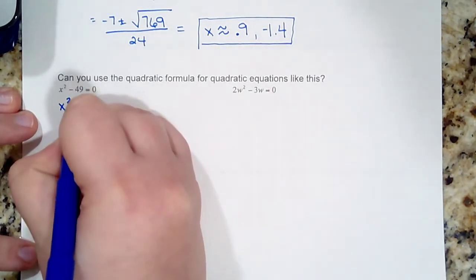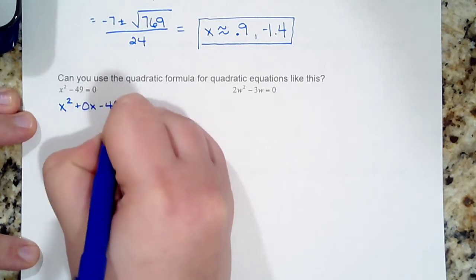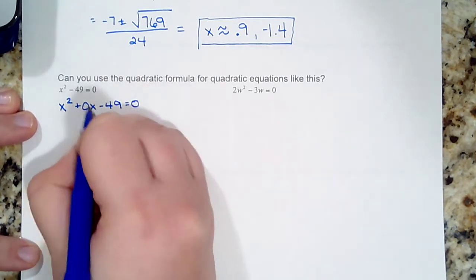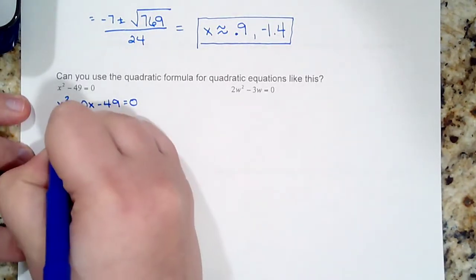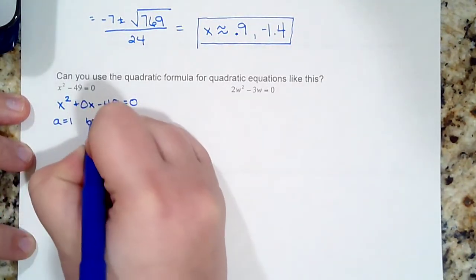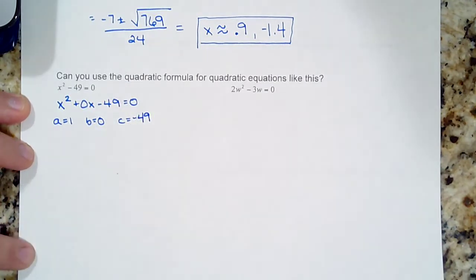One way to do this is by saying plus 0x and rewriting the rest. By adding a plus 0x, you haven't really changed anything because 0 times x is just 0, and adding 0 doesn't change it. But it does allow us to have a coefficient in order to plug in to our formula. It allows us to have a 0.